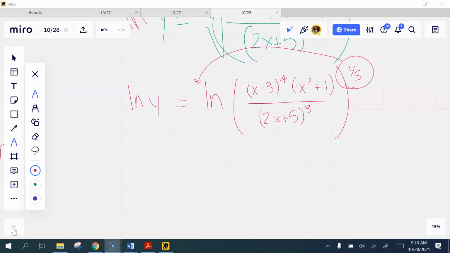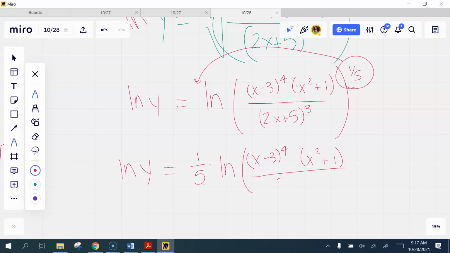I'm going to run through a couple steps here slowly. I'm just bringing this 1/5 exponent around the front. What I'm going to do first is get this expanded as much as I can before I do any type of derivative.